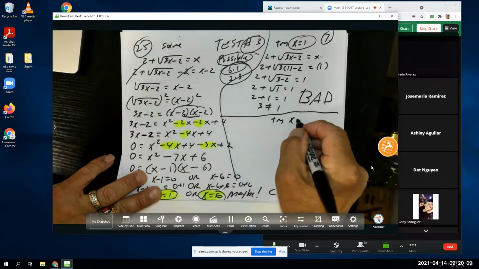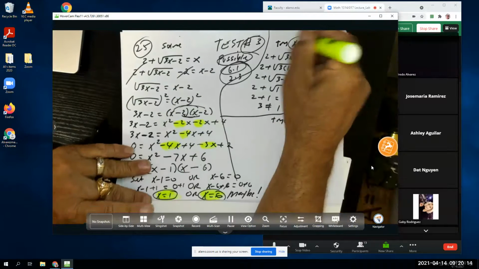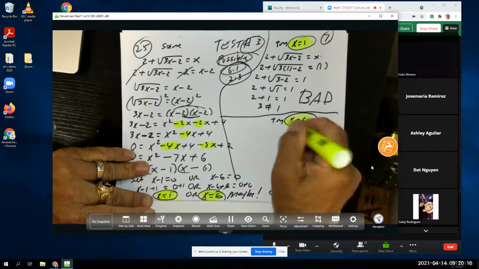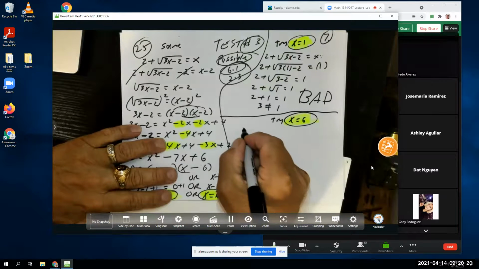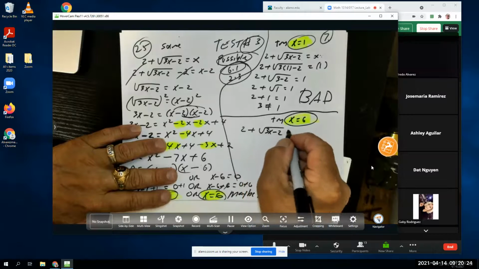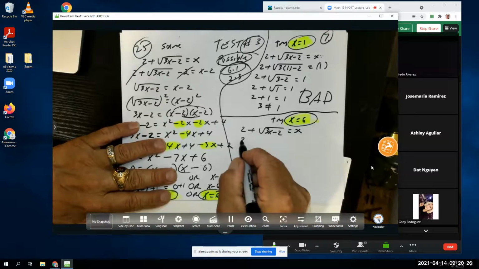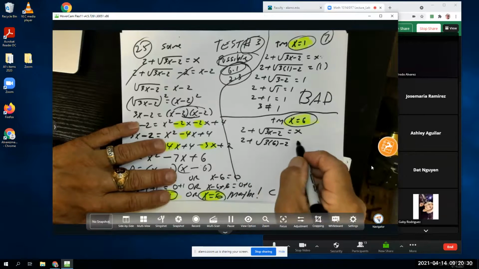Try the other number. Try x equals 6. Is that gonna work? Let's find out. Order number 6, is it correct? Let's check it. All right, put 6 in here. So 3 times 6 minus 2, is that going to be a 6?